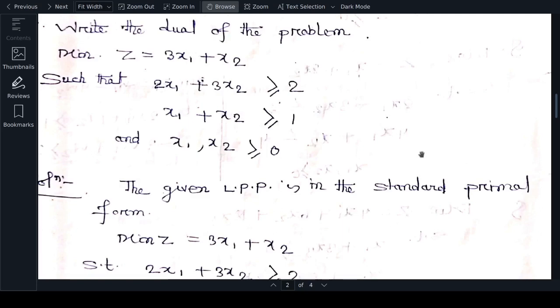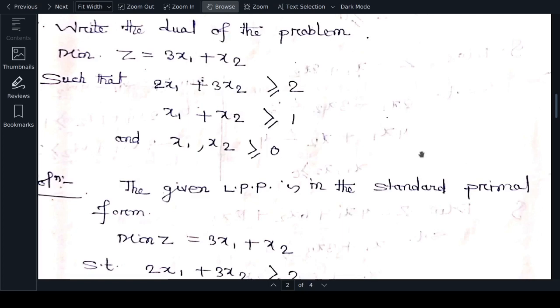Next, immediately you check that our constraint sign should be greater than or equal to in our inequality. Because it is minimization and all constraints are greater than or equal to, the given linear programming problem is in the standard primal form.